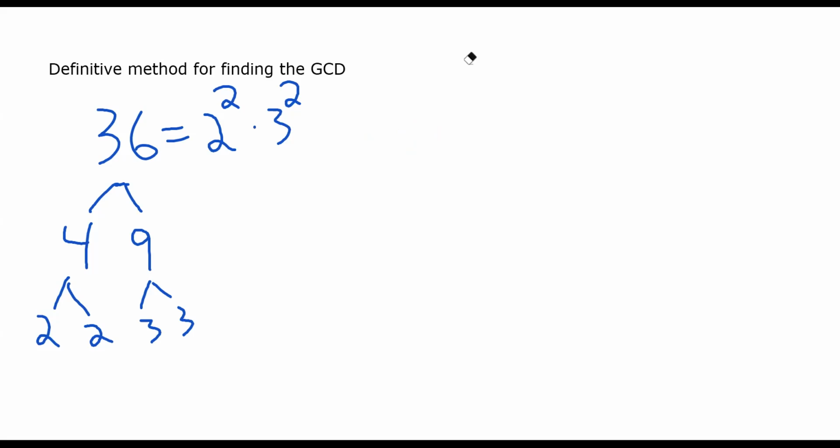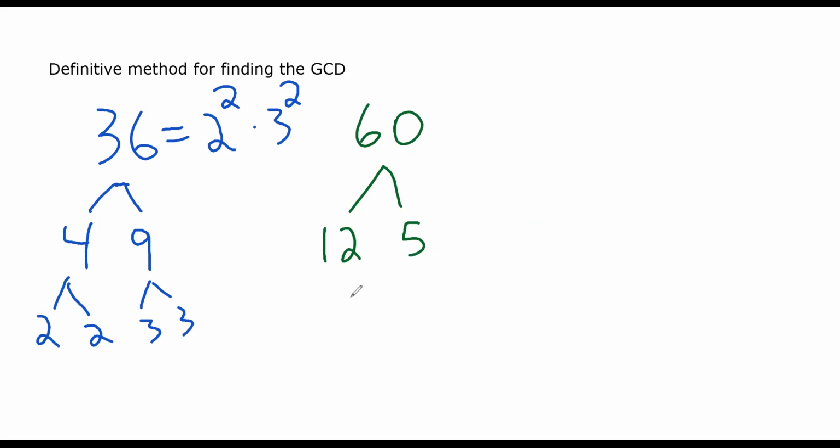Use a different color. Let's find the prime factorization of 60. Can y'all think of two numbers that multiply to 60? 12 and 5, very good. 5 is prime, so we're done with the 5. How about 12?